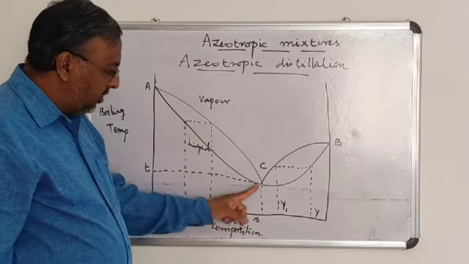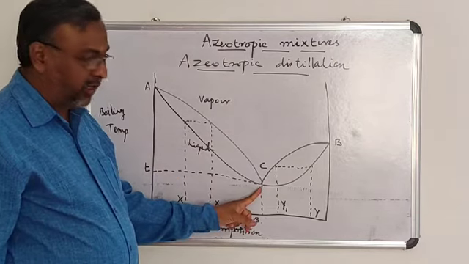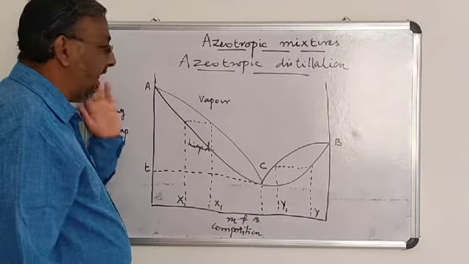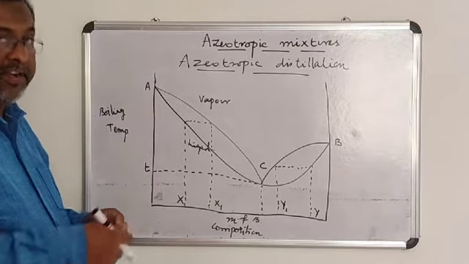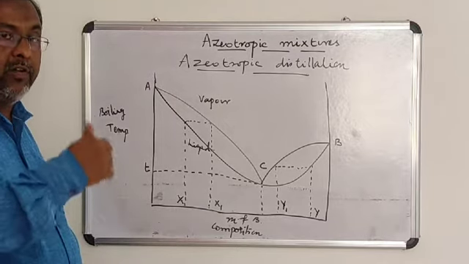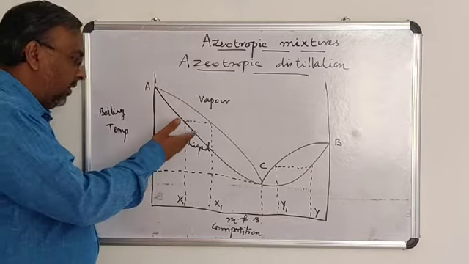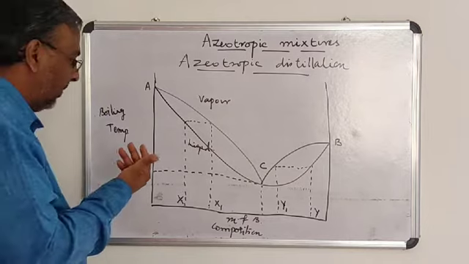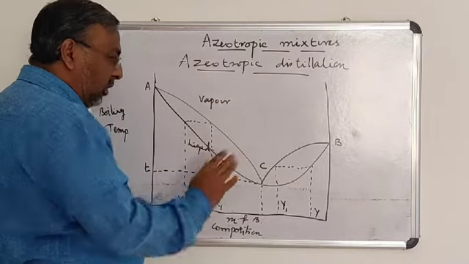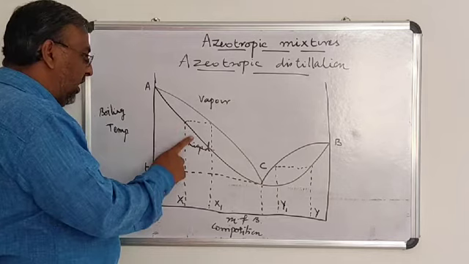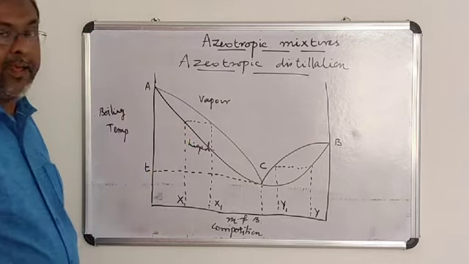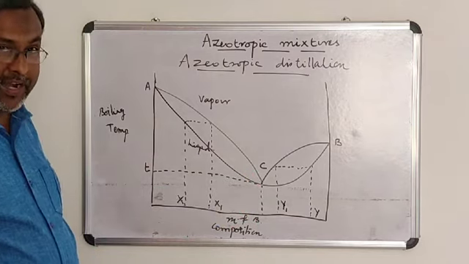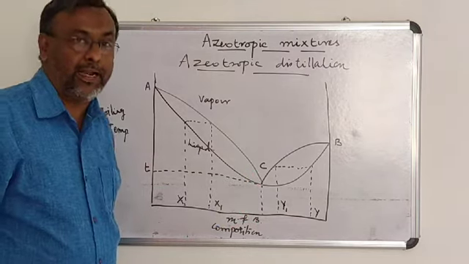It will be rich in constant boiling mixture, that is, azeotropic mixture C, and the residual liquid will be rich in A. On repeated distillation, with increasing temperature, the distillate will contain only C and the residual liquid will contain only A. So C can be separated, A can be separated, but B cannot be separated.